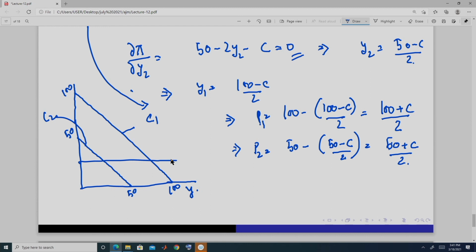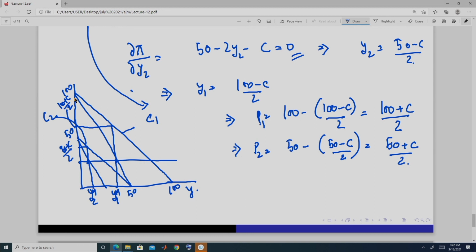Marginal cost is something like this: marginal revenue here, marginal revenue here. So, this is the monopoly price which is 50 plus C divided by 2, and this is in market 2, this is in market 1, and the price is this much, okay, and this price is 100 plus C divided by 2.